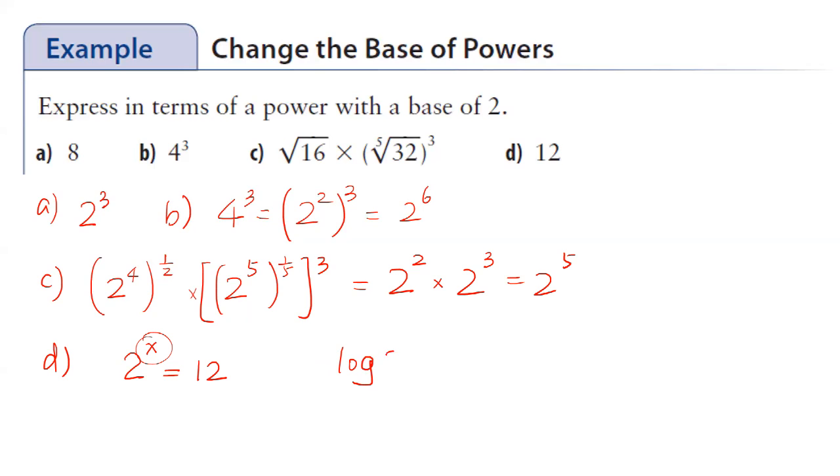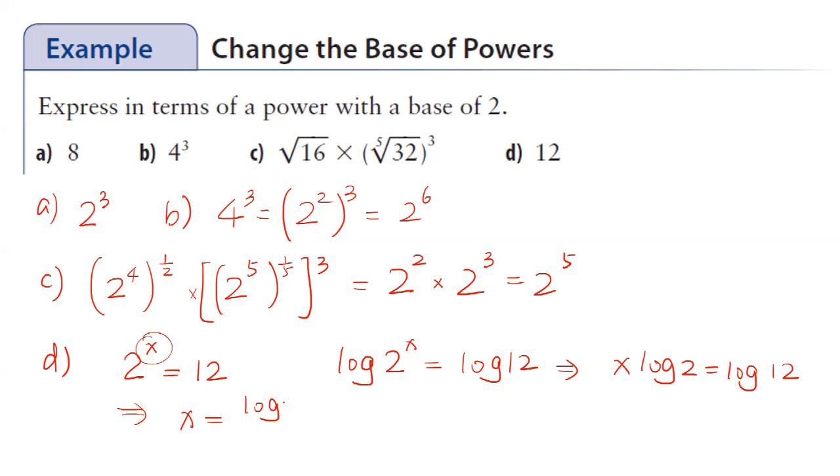That means log base 10 of 2 raised to the x equals log base 10 of 12, right? And this tells us that x times log base 10 of 2 equals log base 10 of 12, which gives us x is actually log base 10 of 12 over log base 10 of 2, right?